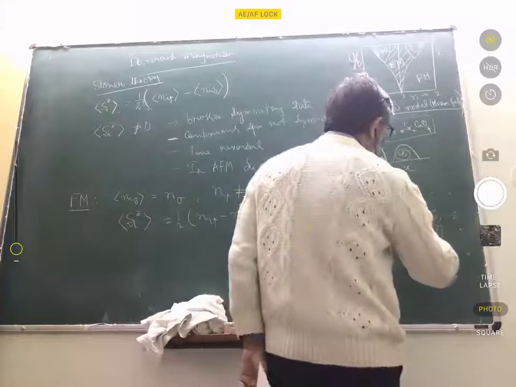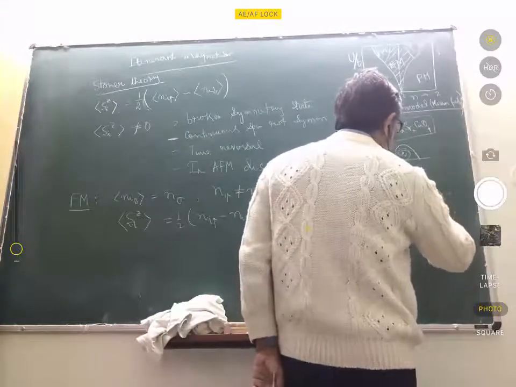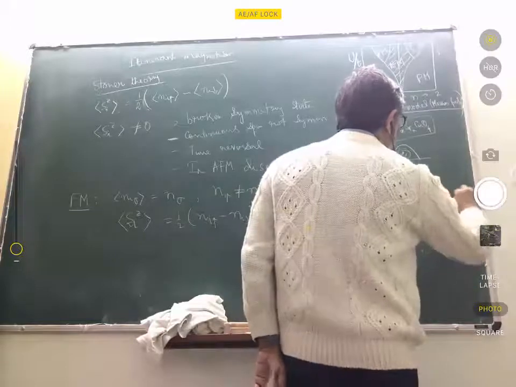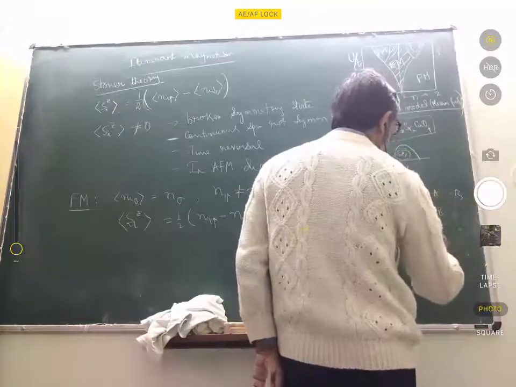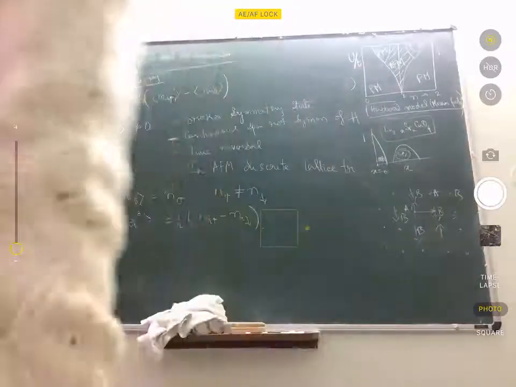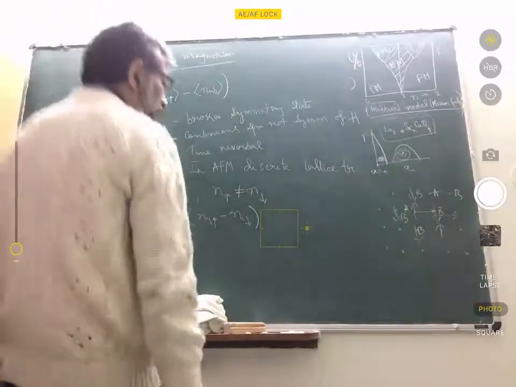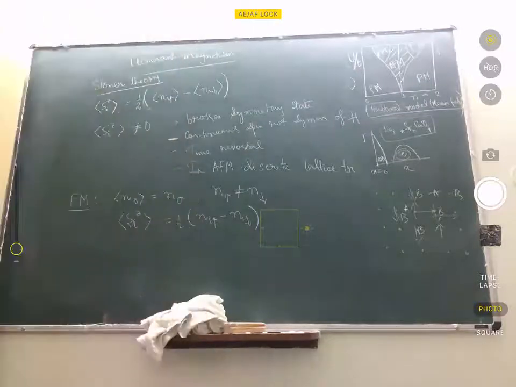In antiferromagnets, you define two sublattices. So we are assuming a bipartite lattice, which can be neatly divided into A and B sublattices, so that each A sublattice site has B as its neighbor and vice versa. And let's say there are majority up spins on the A sublattice and majority down spins on the B sublattice.